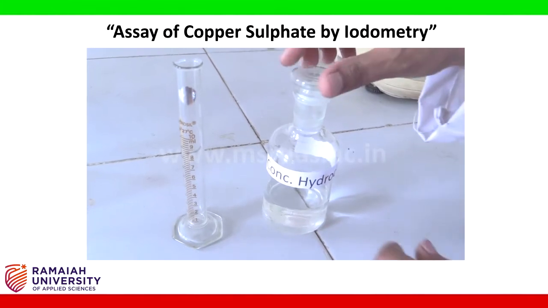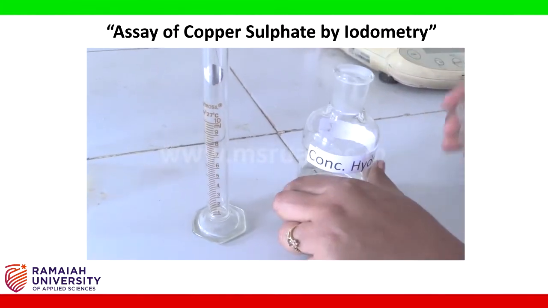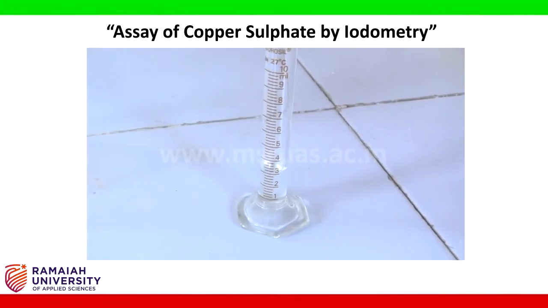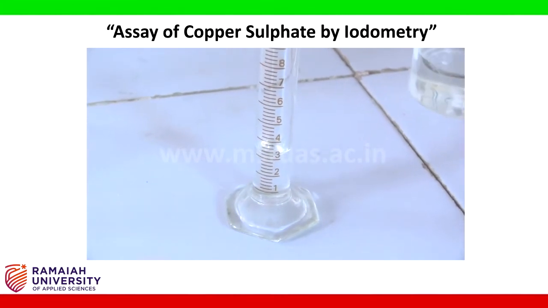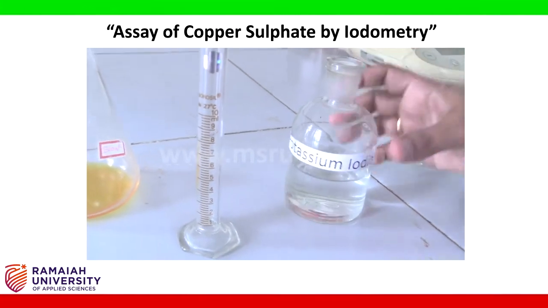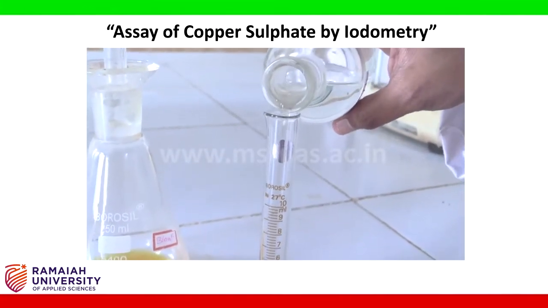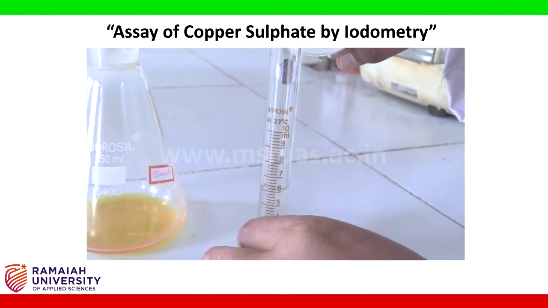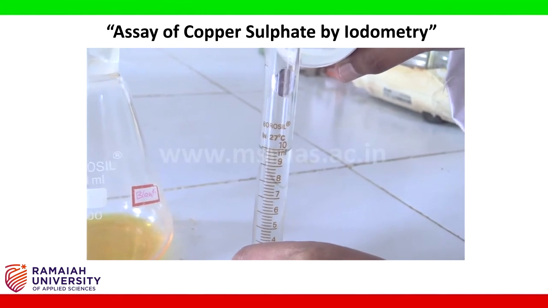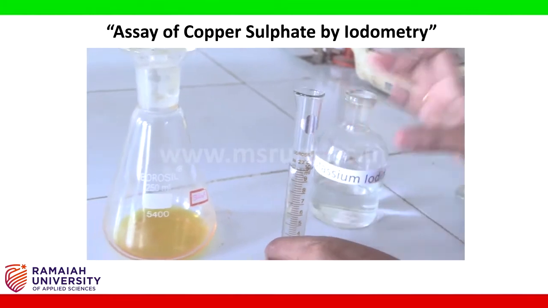Now add 3 ml of concentrated hydrochloric acid using 10 ml measuring cylinder into the iodine flask. Then add potassium iodide solution 10%, 10 ml, measured in a measuring cylinder, and transfer into the iodine flask.